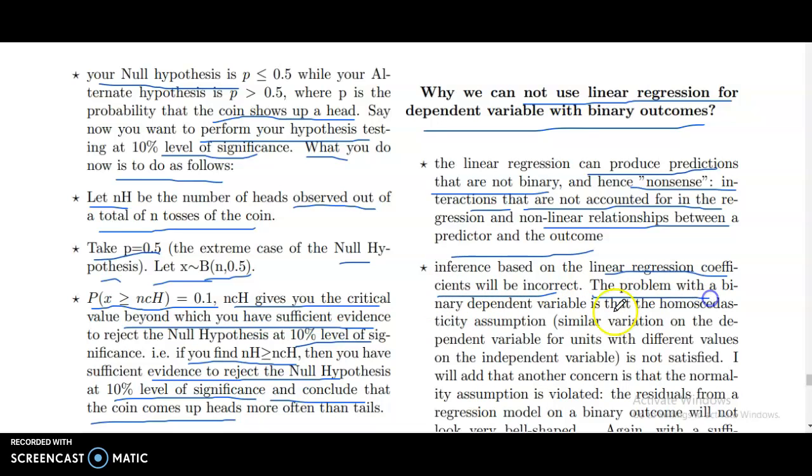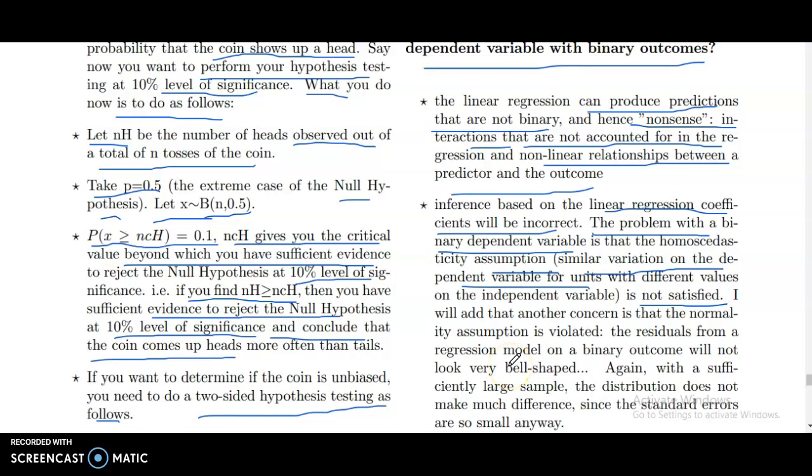The problem with a binary dependent variable is that the homoscedasticity assumption, similar variations on the dependent variable for units with different values on the independent variable, is not satisfied. Another concern is that the normality assumption is violated.